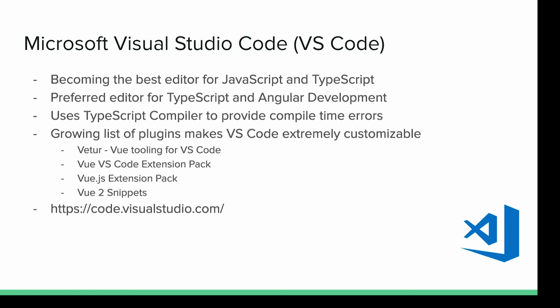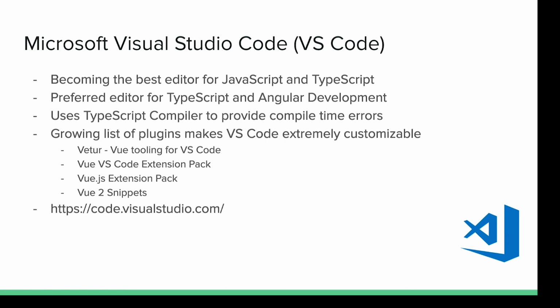It uses TypeScript, it's built on Electron, and as newer versions of TypeScript come out, they also update Microsoft Visual Studio Code with it. So Microsoft is making both the language and the code editor, so they're married very well together.